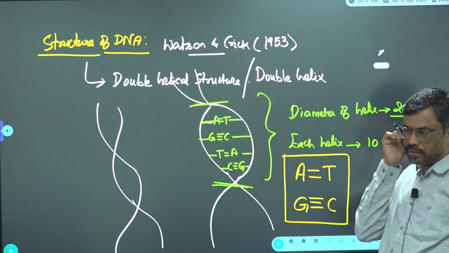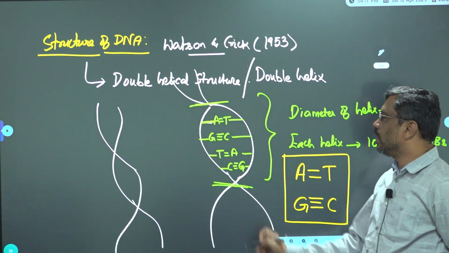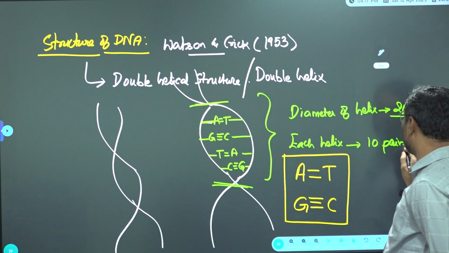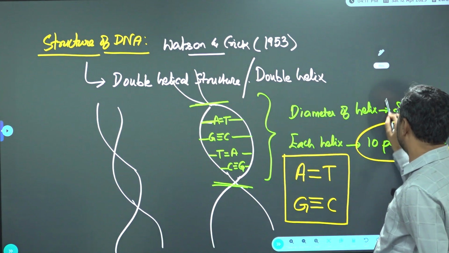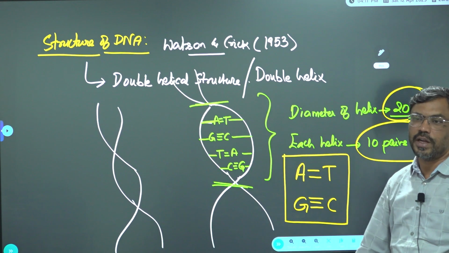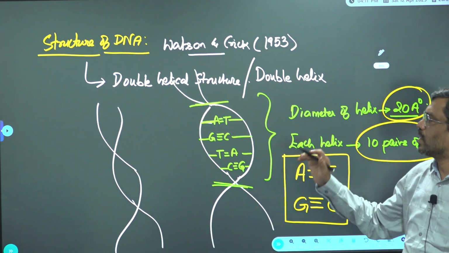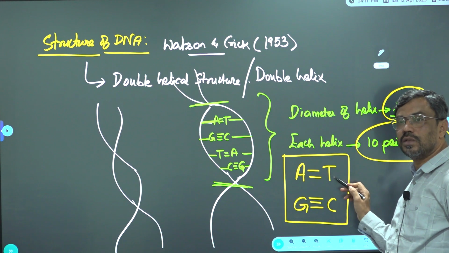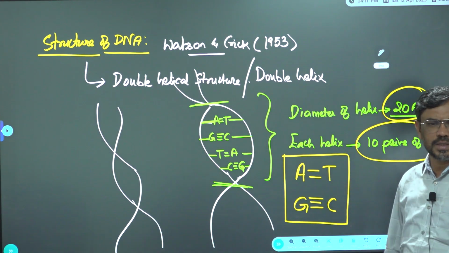The DNA structure is double helical in nature. Each helix contains nearly 10 pairs of nitrogen bases, and its diameter is 20 angstrom units.